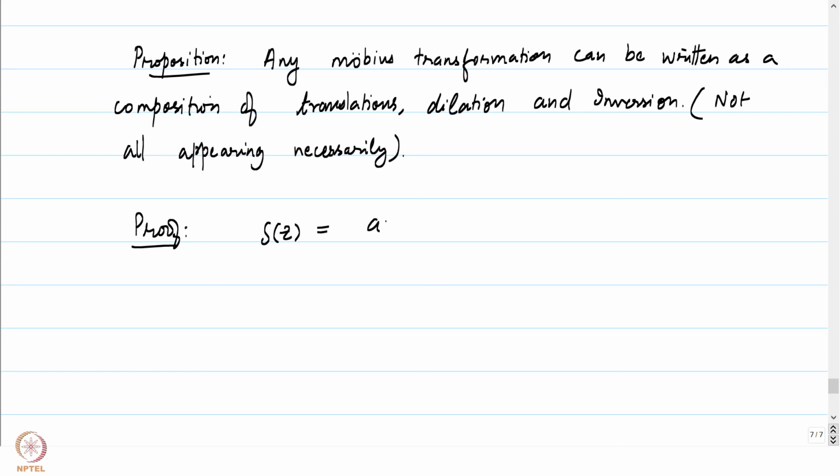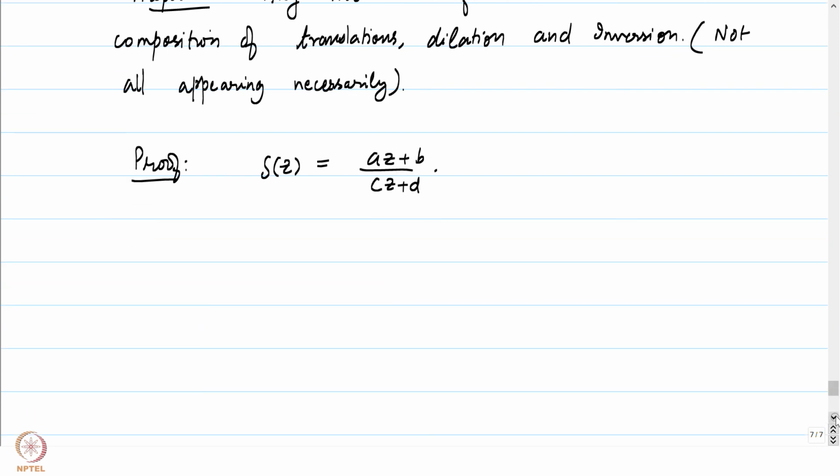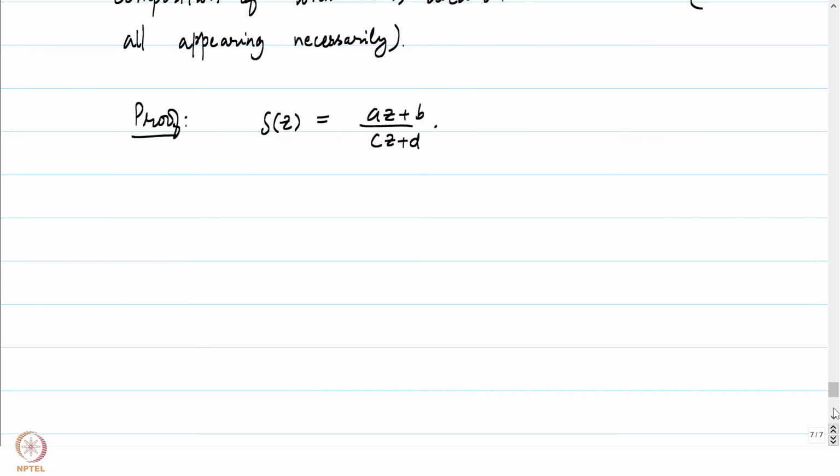Suppose our S of z is of the type Az plus b by Cz plus d. Two cases can happen. If C is equal to 0, then our S of z is going to be, we could have just considered Az plus b, but let's anyway stick to what we have just taken.